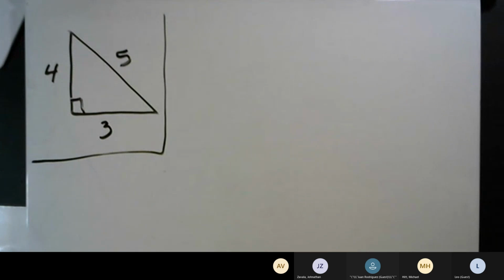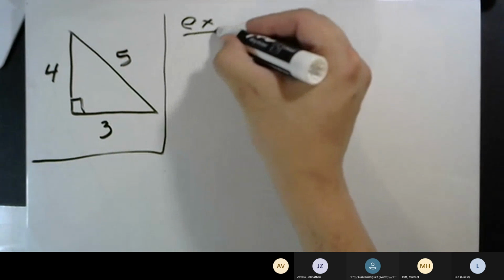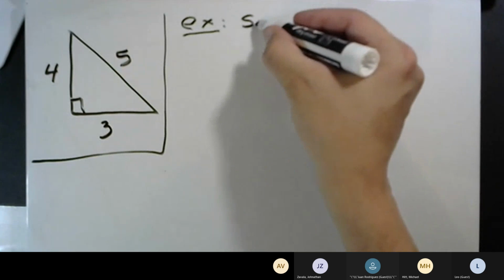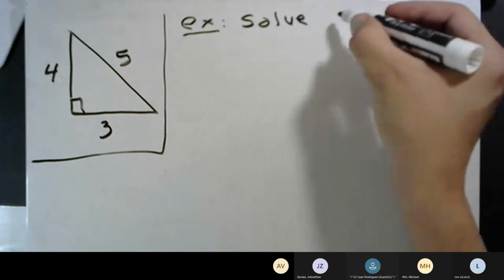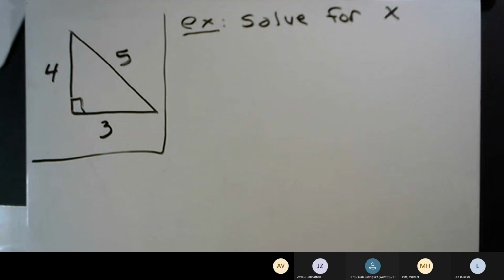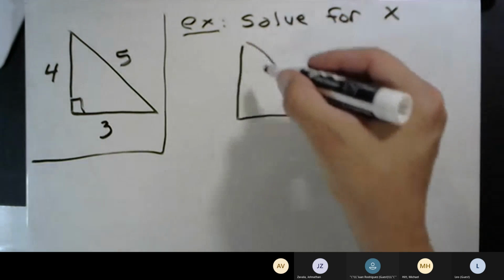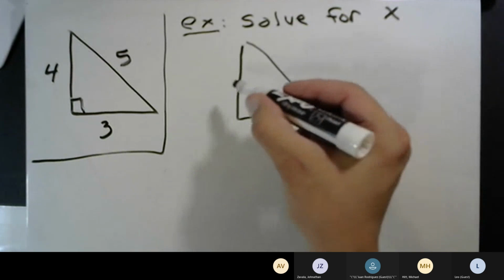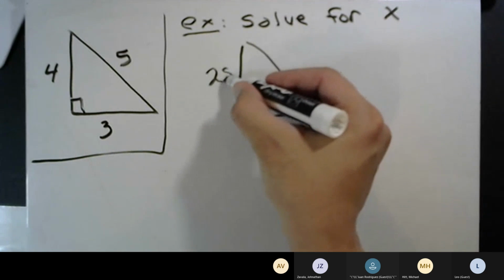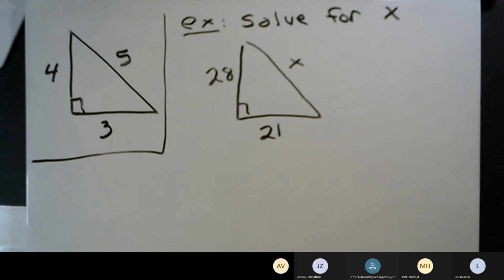It's the 3, 4, 5 triangle. And the way we do this, let's factor these.